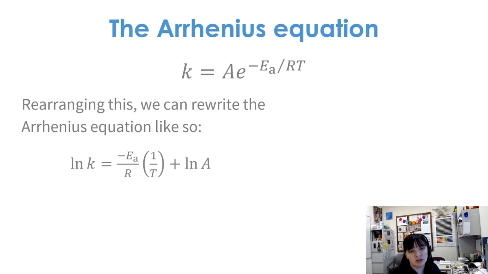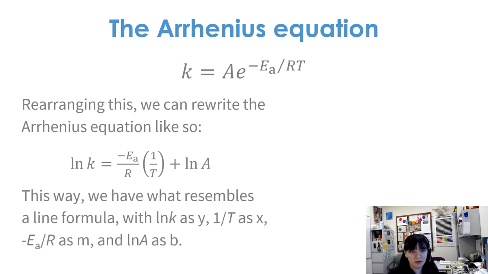What we've essentially done is taken the natural log of both sides of the equation to derive this equation that says the natural log of the rate constant is equal to negative activation energy divided by R, all of that times 1 over the absolute temperature, plus the natural log of the frequency factor A. The reason this derivation is helpful is because it may not look like it right now, but this does resemble a line equation, y equals mx plus b, where y is the natural log of k, m, or the slope, is equal to negative EA over R, x would be 1 over T, and then b is the natural log of A.